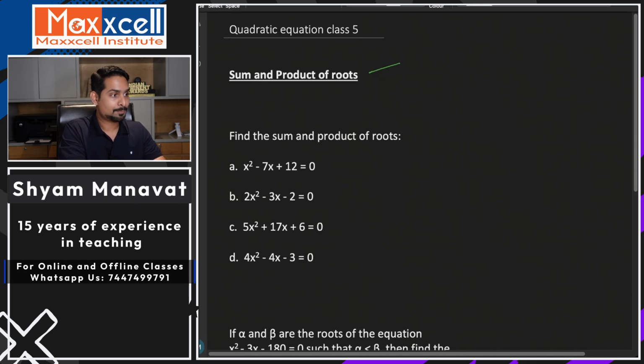Do you remember that? x square minus (alpha plus beta) x, where alpha plus beta is the sum of roots, because we write this equation considering alpha and beta are the roots of the equation, plus alpha into beta, the product of roots. Here alpha into beta is representing the product of roots, and alpha plus beta is representing the sum of roots.